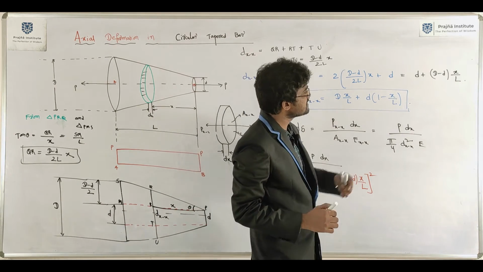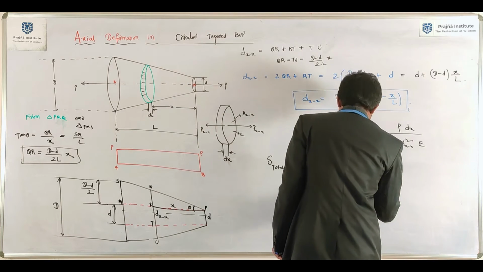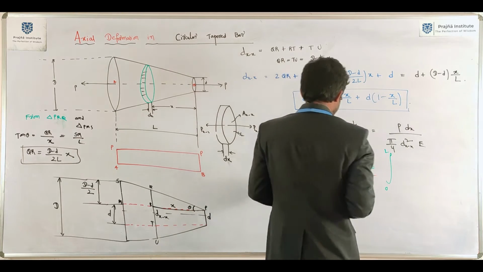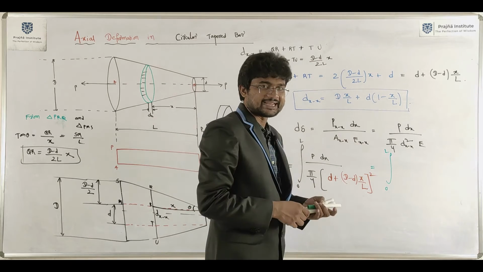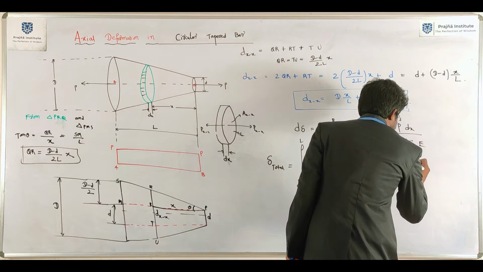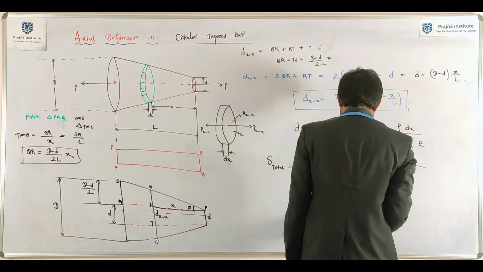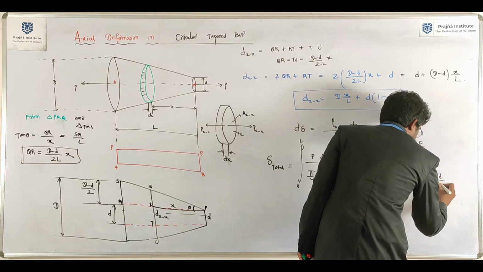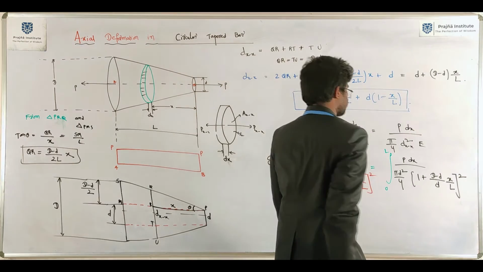This is dxx, d plus (D minus d) by L into x, into dx, from 0 to L. Just take d common. Here P dx by pi d square by 4 into 1 plus (D minus d) by d into x by L, whole square.